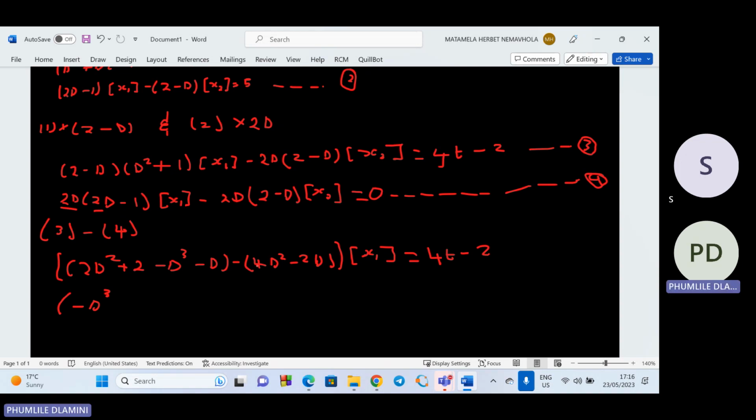Then this one is going to be minus 4d, and here we have positive 4d. We're going to have minus 2d squared. We also have plus 2d and minus this d is going to be plus d. Then we will also have only plus 2.